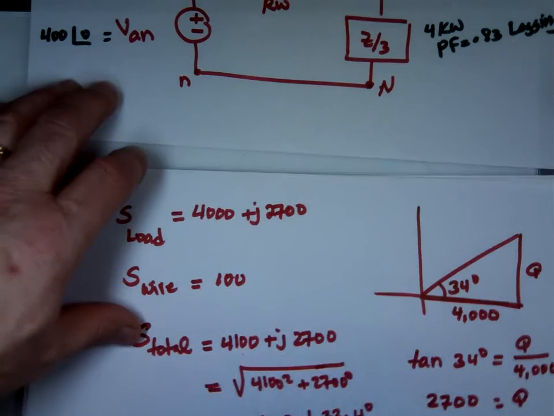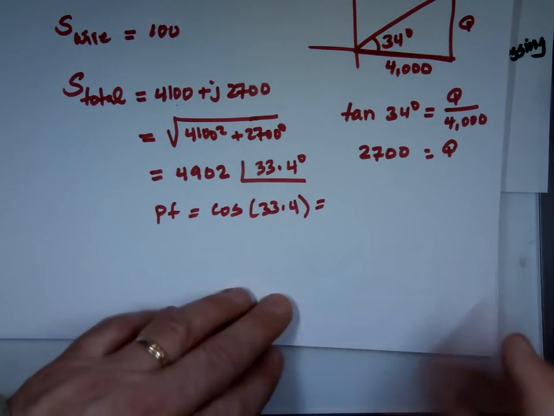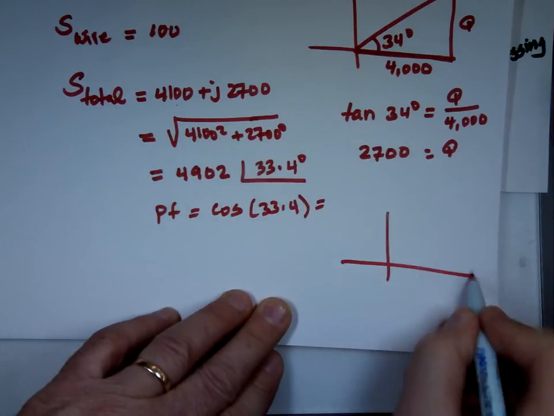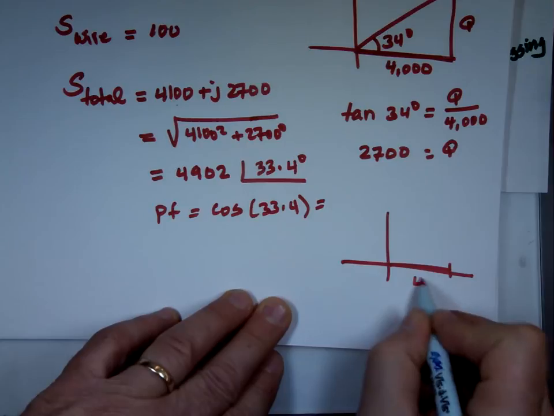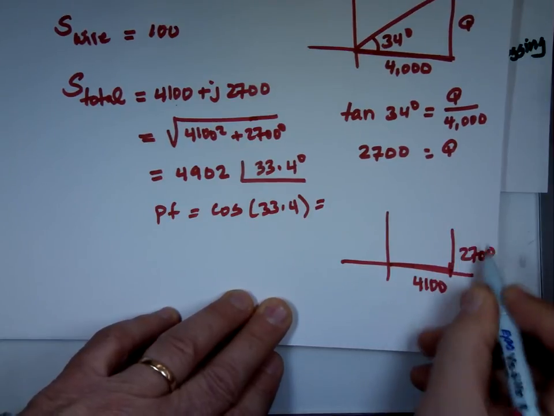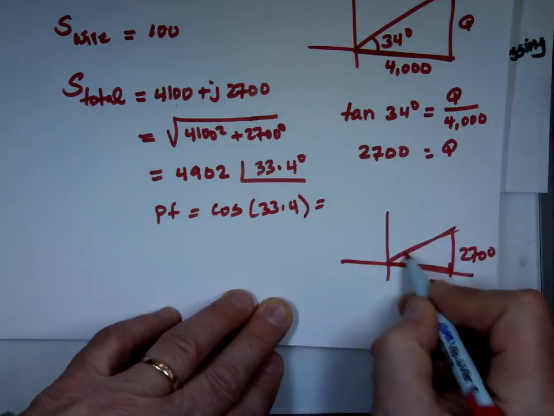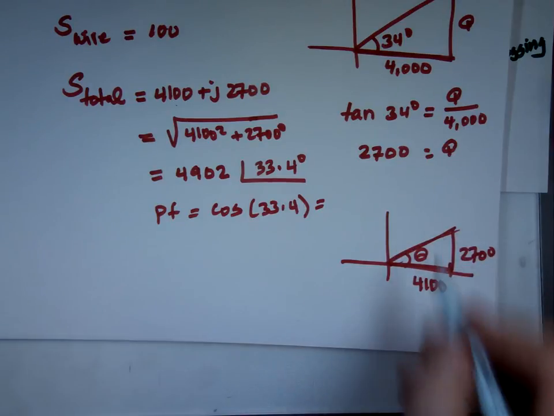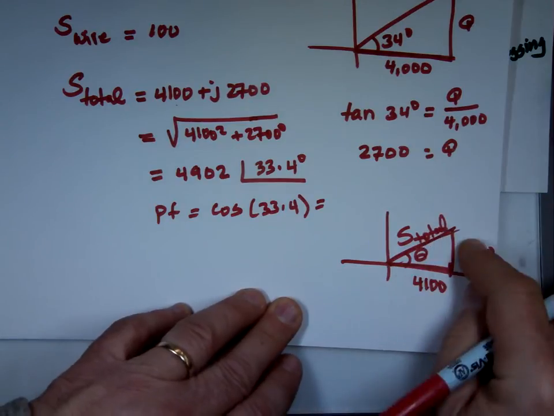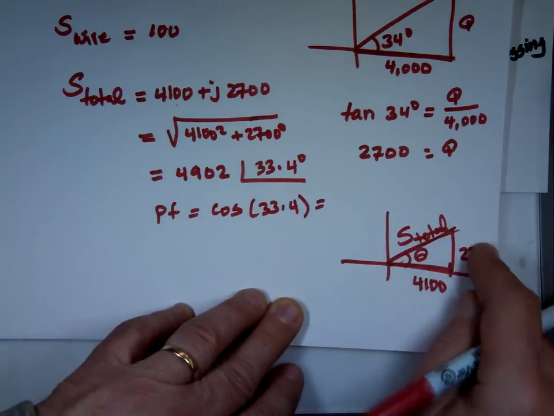Inverse tangent. You did the inverse tangent of 4902? This one. Oh, that, okay. You have 4100 this way, 2700, 2688 actually, and that's what theta is. So what you found is S total, which is this one squared plus that one squared, and theta is the inverse tangent of those numbers.